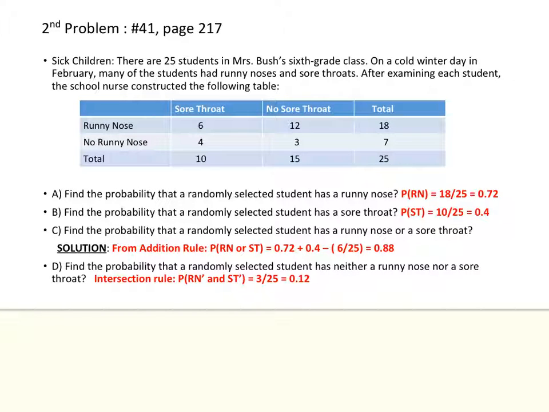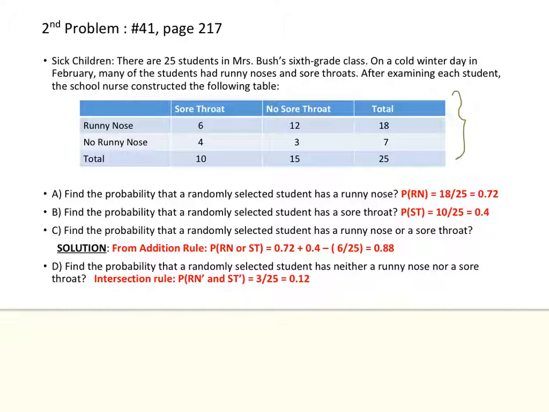In problem 41, again, we look at contingency tables to look at our frequencies. In this problem, 41, page 217, of 6 children, there are 25 students in Mrs. Bush's 6th grade class.